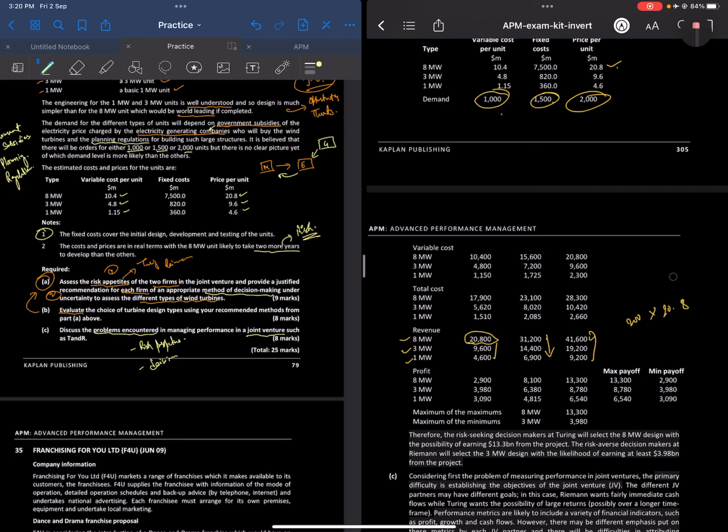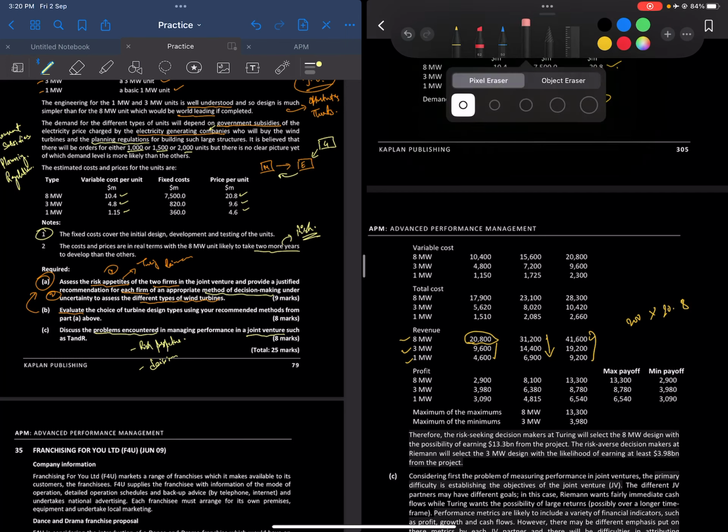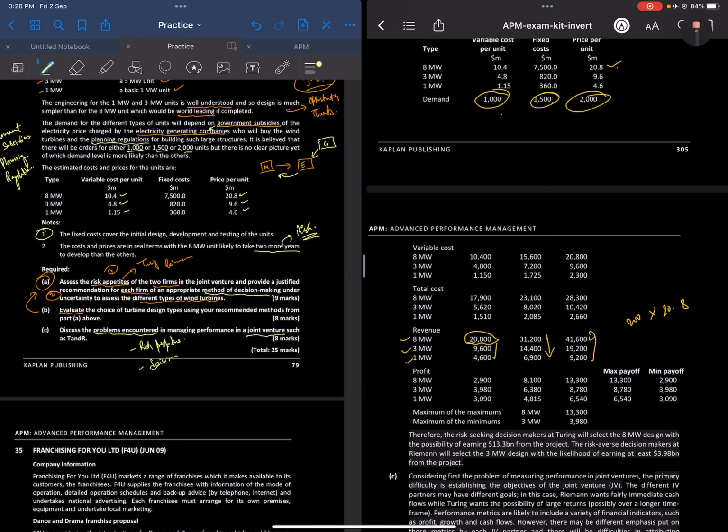All right, after that let me just change the eraser, so it's easier for me. Then we need to calculate the variable cost. Variable cost is the same thing: 1000 times the variable cost, 4.8 and 10.4.